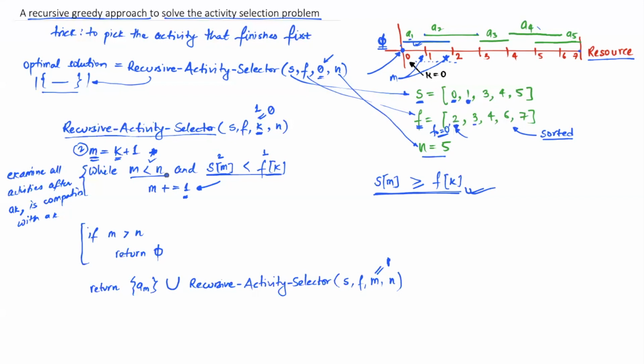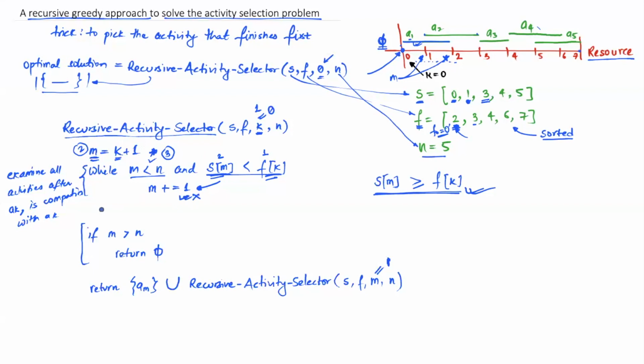And this is true. So then we increase m by 1. In other words, we're trying to skip the second activity because we found it incompatible. So then we increase m to 3 now, and we check, is the start time of activity 3 less than the finish time of activity 1? So the start time of activity 3 is 3, and the finish time of activity 1 is 2, and this 3 is not less than 2, so we do not increase m.